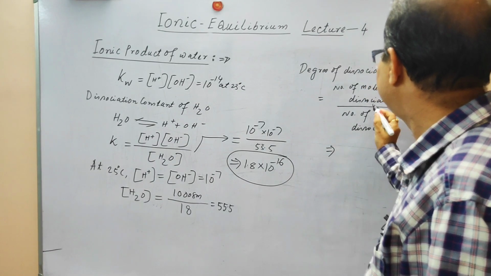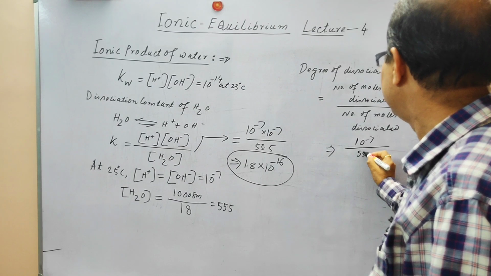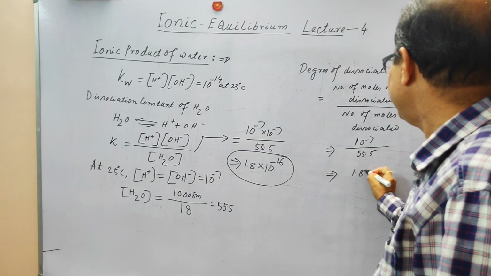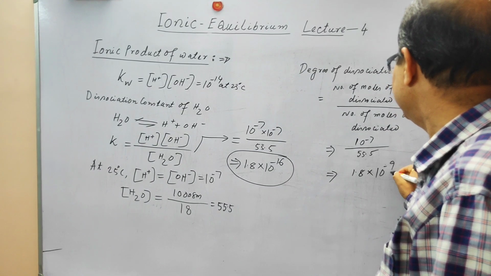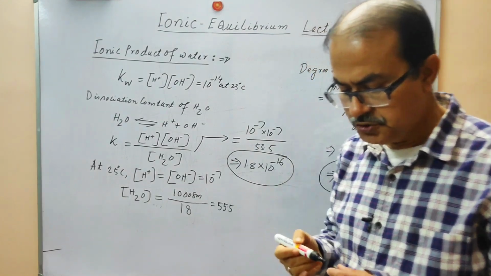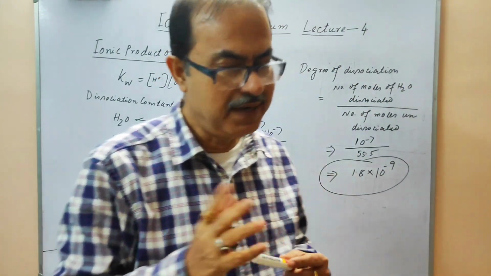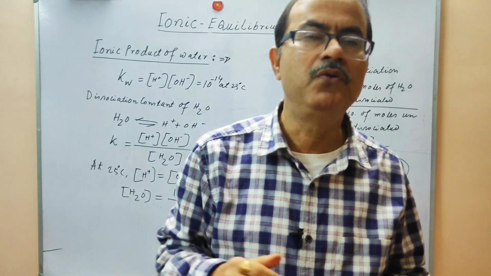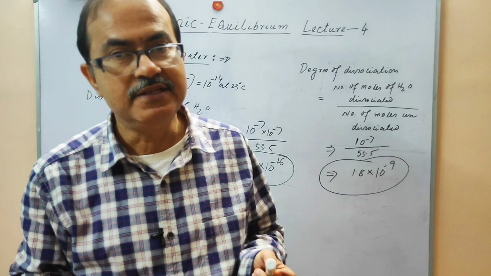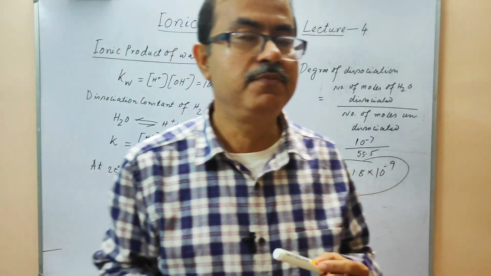So in this case, we put the value, that is 10 to the power minus 7 divided by 55.5, and it will come to around 1.8 into 10 to the power minus 9. So you can see the degree of dissociation is also very less. So the self-ionization process of H2O is very minute. But it has some value that we will discuss later on when we establish the hydrolysis constant. At that time, this relationship is very helpful.